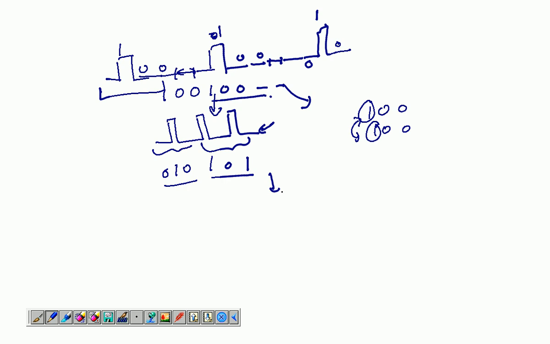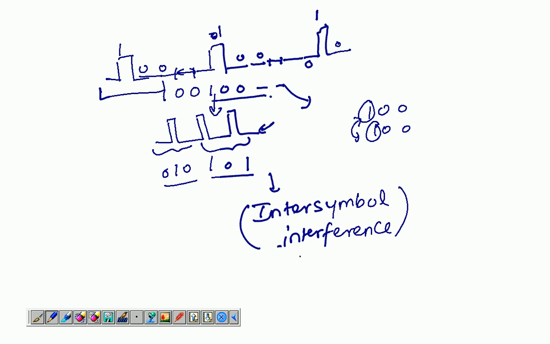Since this is like two binary symbols of individual binary words interfering with each other, it is known as intersymbol interference. So as the bandwidth is decreasing, the intersymbol interference is increasing, and the signal is becoming distorted.